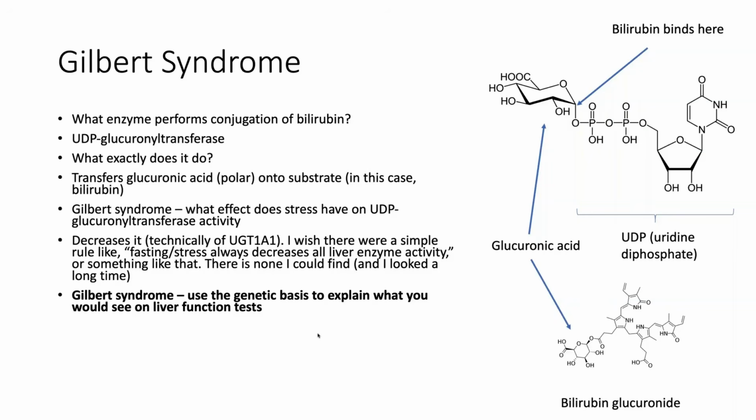Maybe you would have decreased liver function. We're going to talk about liver function tests next, but what effects does this have on bilirubin? Total bilirubin, your direct and your indirect. Your direct would be lower because you can't conjugate it. Your indirect would probably be higher because it accumulates because it can't become direct.